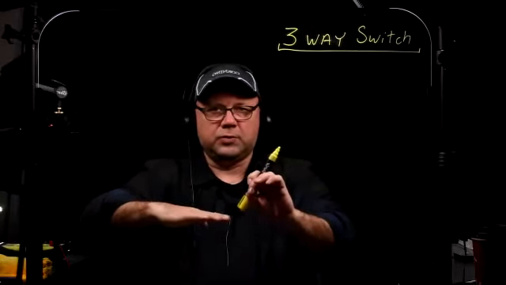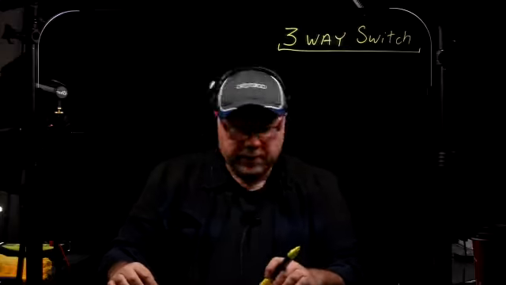You can control the light from either of those switches. So you can turn on the light, you can turn off the light, and you can go upstairs and turn it on, and you can go downstairs and turn it off, and so on. So today I'm going to show you the electric current logic that is behind all that.